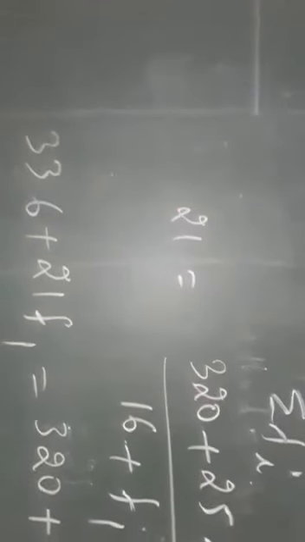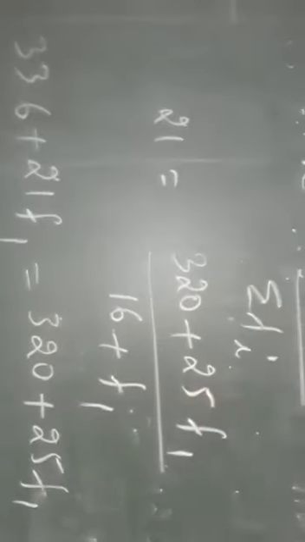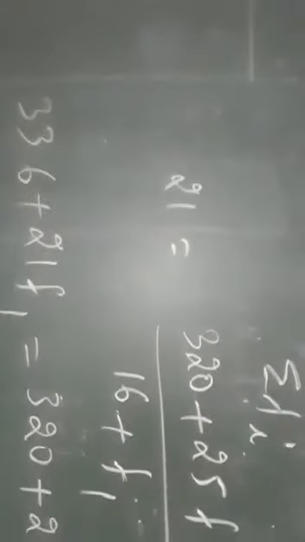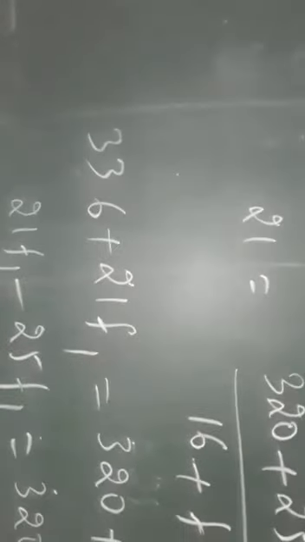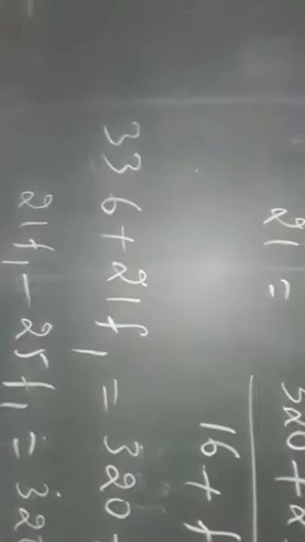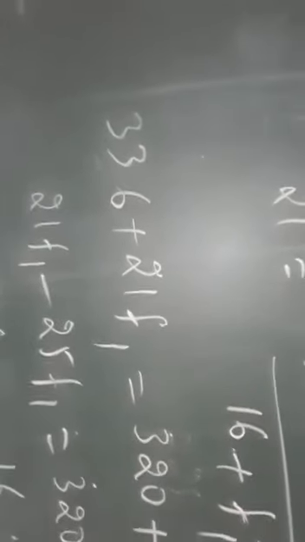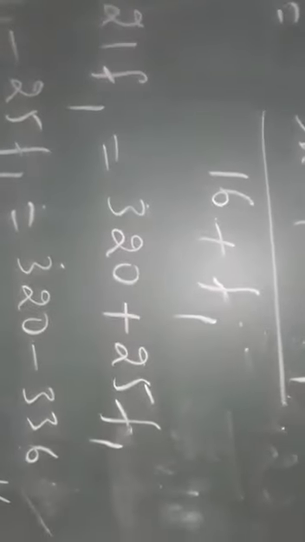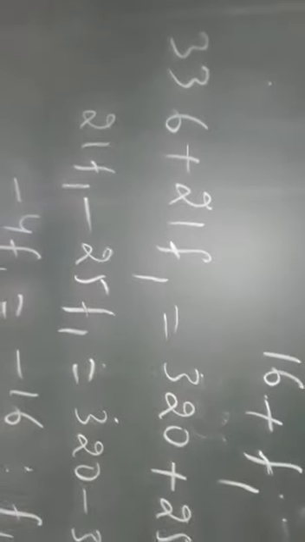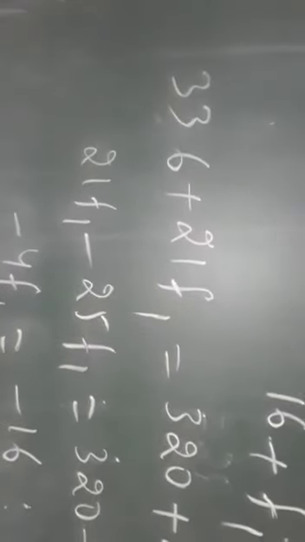Now after simplification, what do we get? We do the cross multiplication with 21 into 16 plus F1. When 21 is multiplied by 16 plus F1, it gives the product 336 plus 21 F1. When 336 plus 21 F1 is equated with 320 plus 25 F1, after simplification we get 21 F1 minus 25 F1 is equal to 320 minus 336.